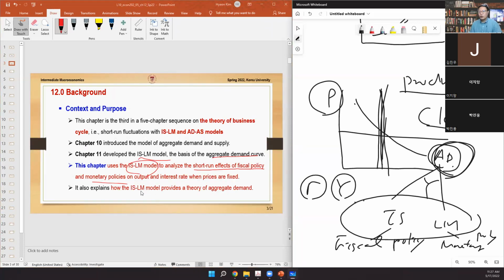After that, with this IS-LM model, we'll derive aggregate demand. And based on the relationship between IS-LM and aggregate demand, we'll find the operation of aggregate demand. In other words, when you have some change in your IS or LM, it will cause your aggregate demand to change. So that's why we'll make a relationship.